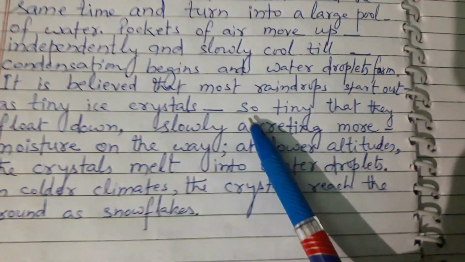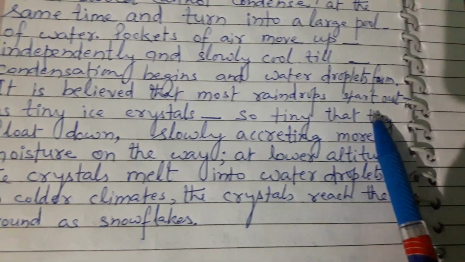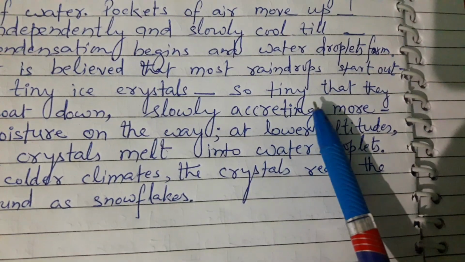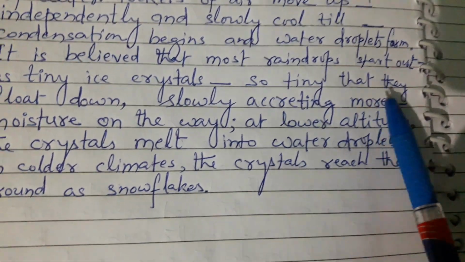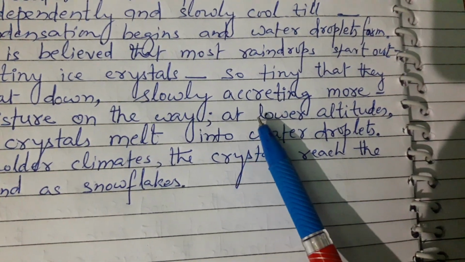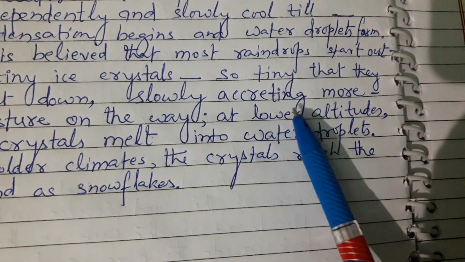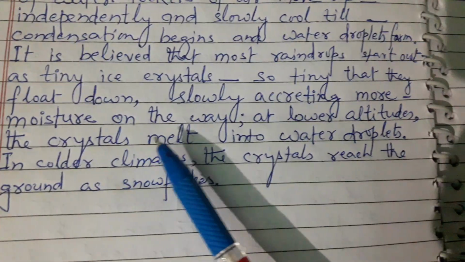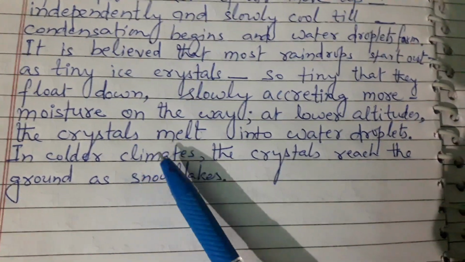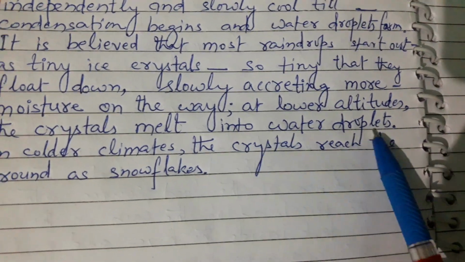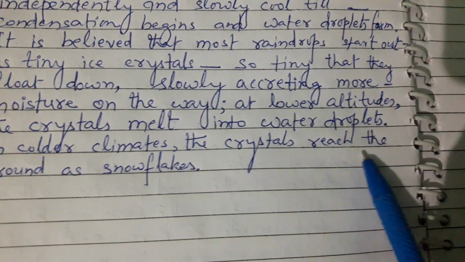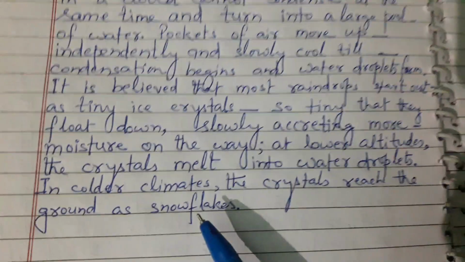It is believed that most raindrops start out as tiny ice crystals, so tiny that they float down slowly, accreting more moisture on the way. At lower altitudes, the crystals melt into water droplets. In colder climates, the crystals reach the ground as snowflakes.